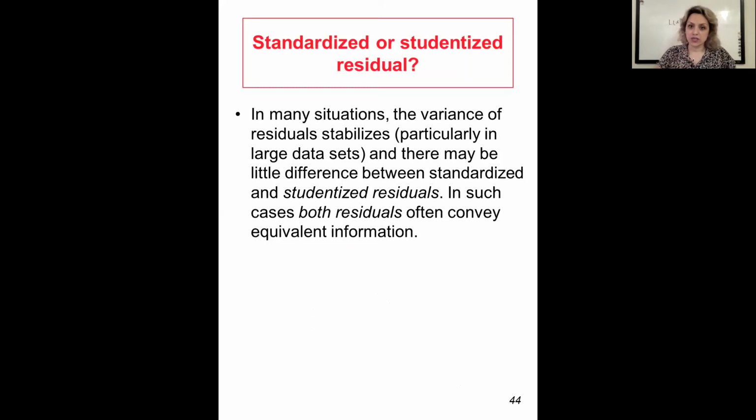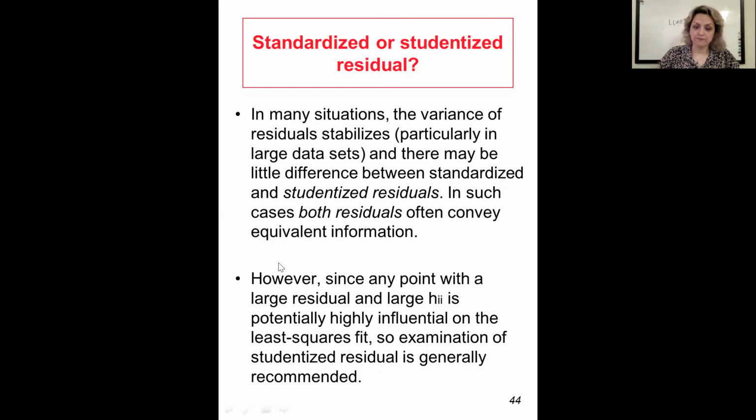In many situations, the variance of the residual stabilizes, particularly in a large data set, and there may be little difference between the standardized and studentized residuals, because one of them has the 1 minus H, right? In such cases, both residuals often convey equivalent information.